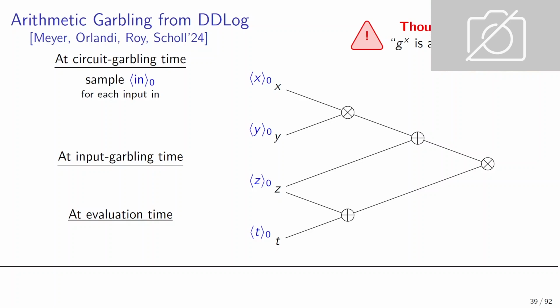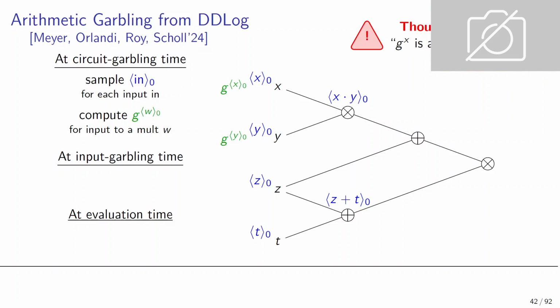Let's start with an addition gate, because that's the easiest. Just locally, the garbler can derive their share of the addition. Now, when you get to a multiplication, the garbler is going to add an encryption of his shares to the garbled circuit. And now use this and the discrete log in order to compute shares of the product of the two inputs.